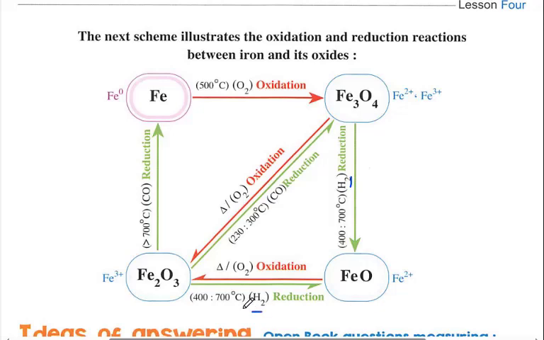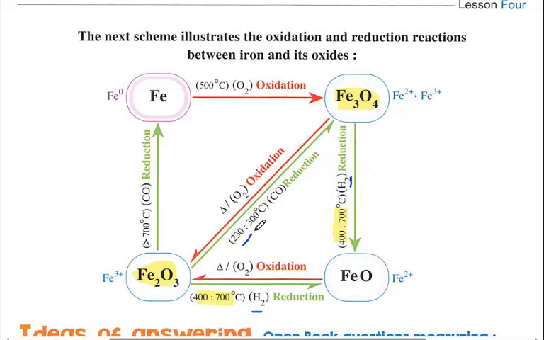Okay, and the temperature to obtain ferrous oxide in both cases, reduction of magnetic iron oxide and reduction of ferric oxide, when the temperature is from 400 to 700, they produce by reduction ferrous oxide, or iron 2 oxide. Okay, we can reduce here ferric oxide into magnetic iron oxide, not ferrous oxide.